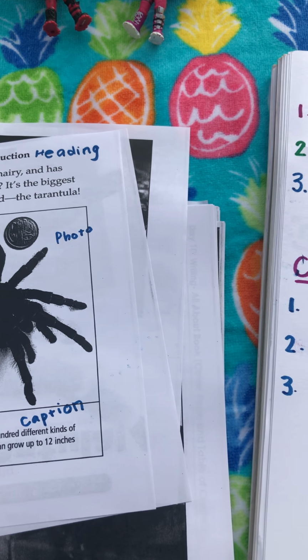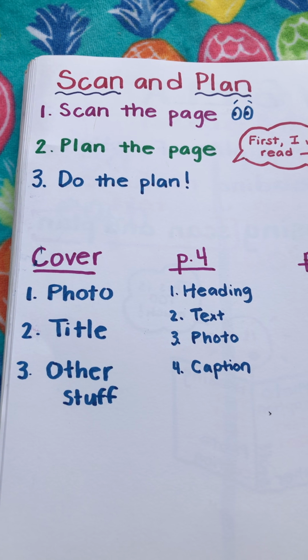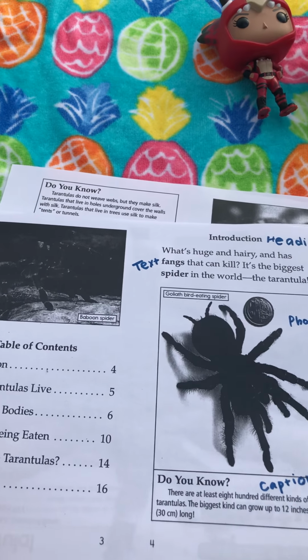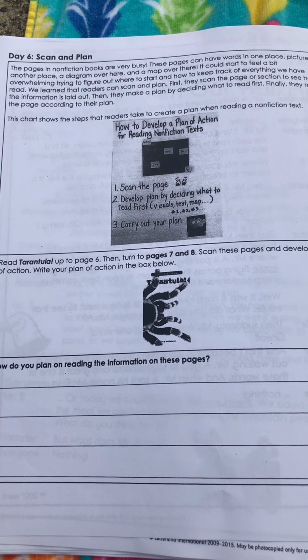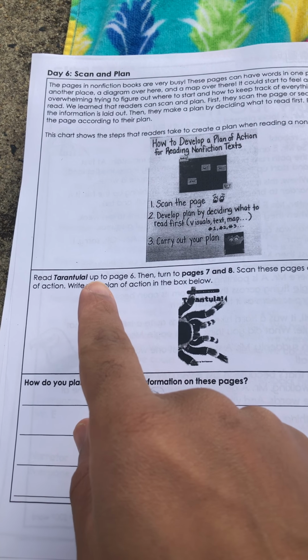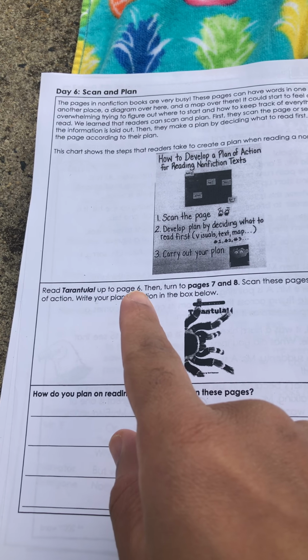So far you all have had a chance to see me use my scan and plan strategy. Now you guys are going to have a chance to use it on your own. For your day 6 activity, you all are going to be reading Tarantula up to page 6. So you're going to read all the way through page 6.